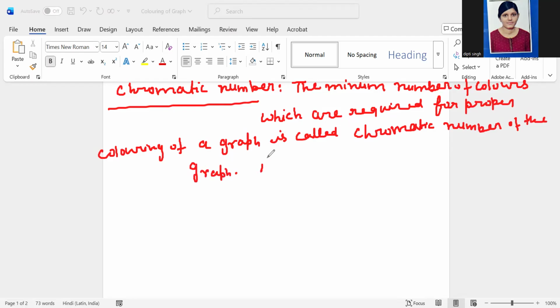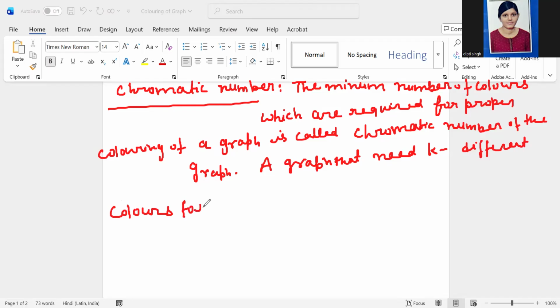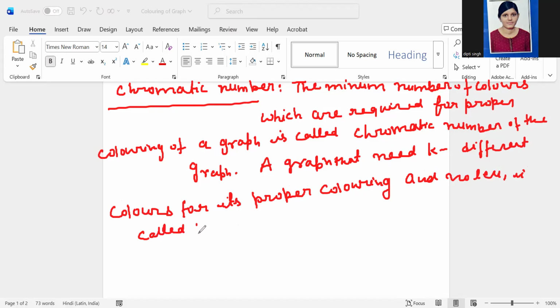Okay, so a graph that needs k different colors for its proper coloring and no less is called a k-chromatic graph.